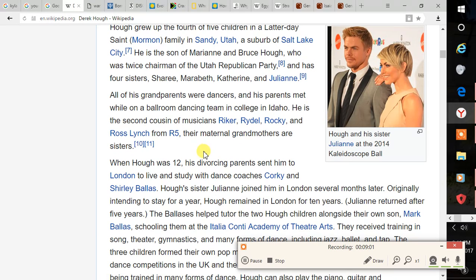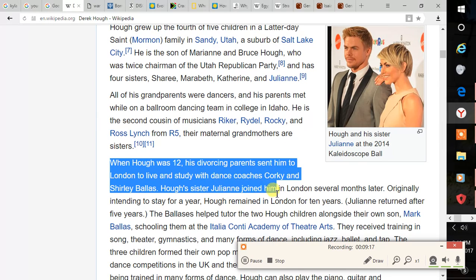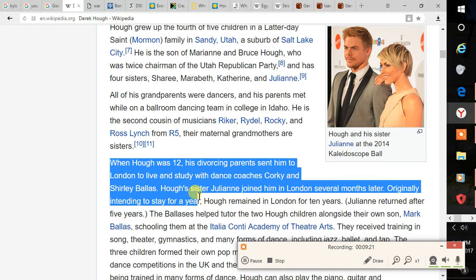But what I want you to notice from this wiki page is that it says here when Hough was 12, his divorcing parents sent him to London to live and study with dance coaches Corky and Shirley Ballas. Hough's sister Julianne joined him in London several months later, originally intending to stay for a year.